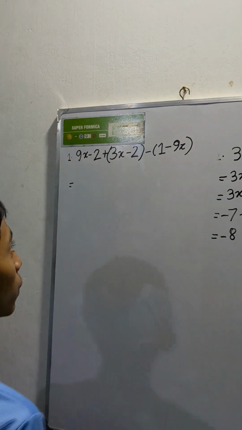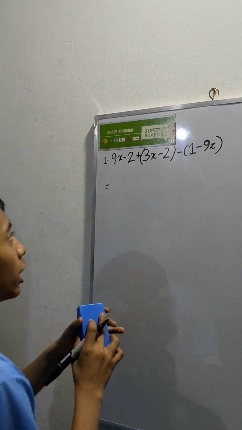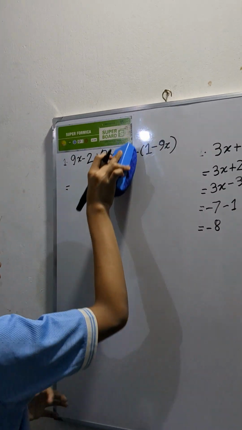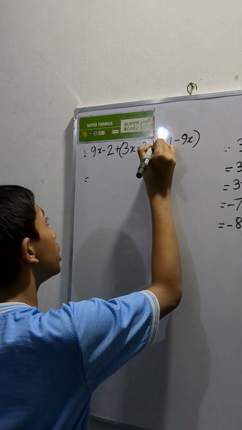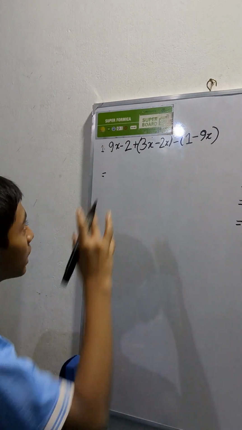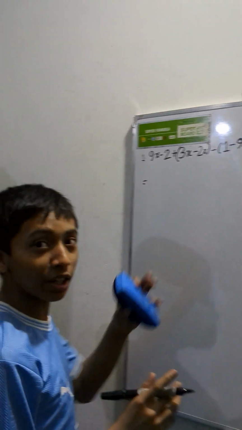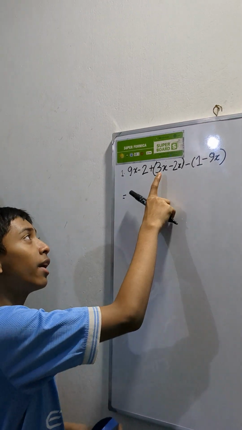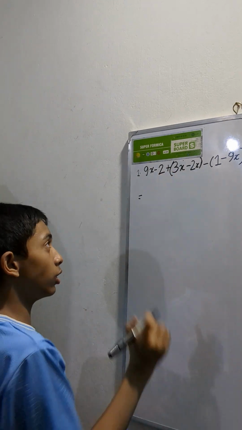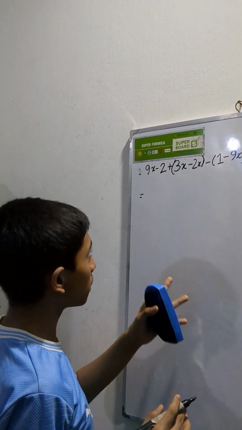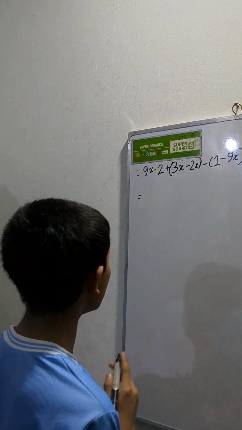So we know we should work, okay, I'm giving 2x. We know at first we should work inside the bracket, and here we can work inside the bracket because here's 3x and here's 2x. These 2 numbers consist of x, so we can subtract 2 from 3.